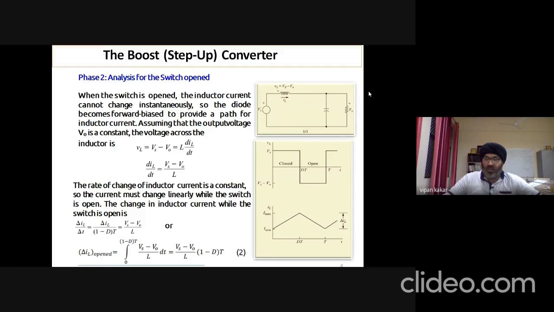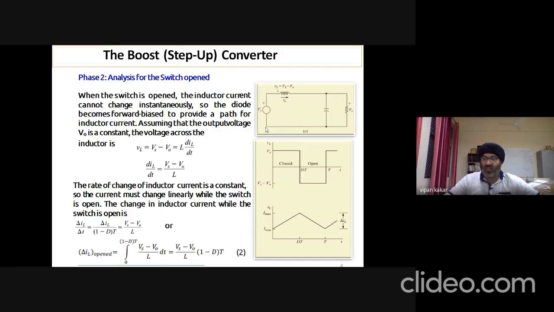So now, what is the value of the output voltage over here? And what is the value of the inductor voltage over here? Just for simplification, we can assume that Vout is a constant value, not varying, no fluctuations, no disturbances.